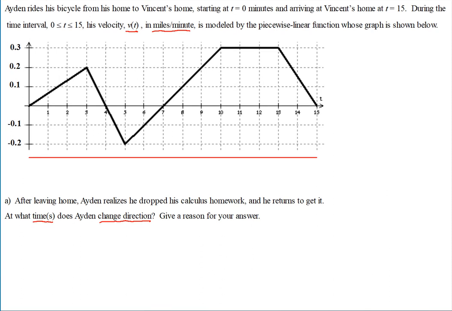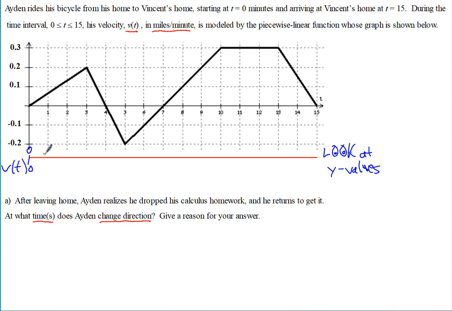I'm going to label it v of t. And since this is the graph of the velocity, whenever the graph matches your number line, you're just looking at the y values. So you can see the velocity is 0 at the very beginning, at time 0.